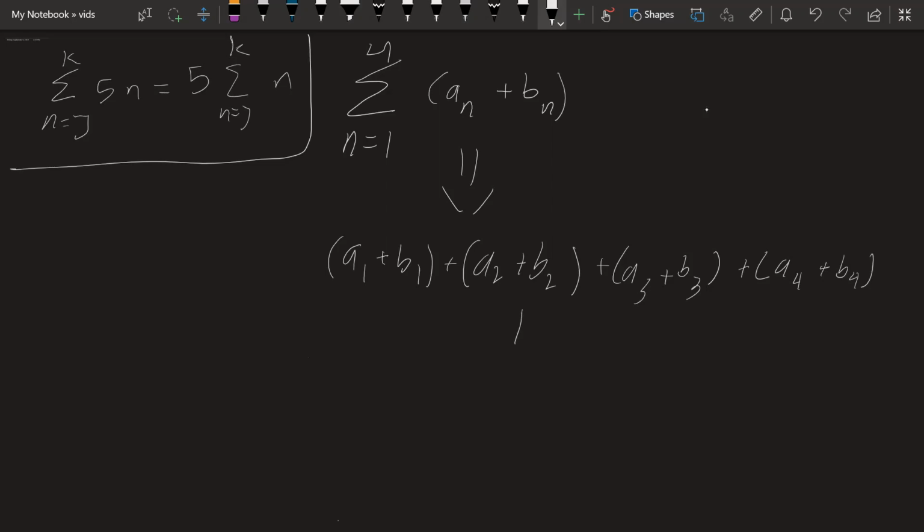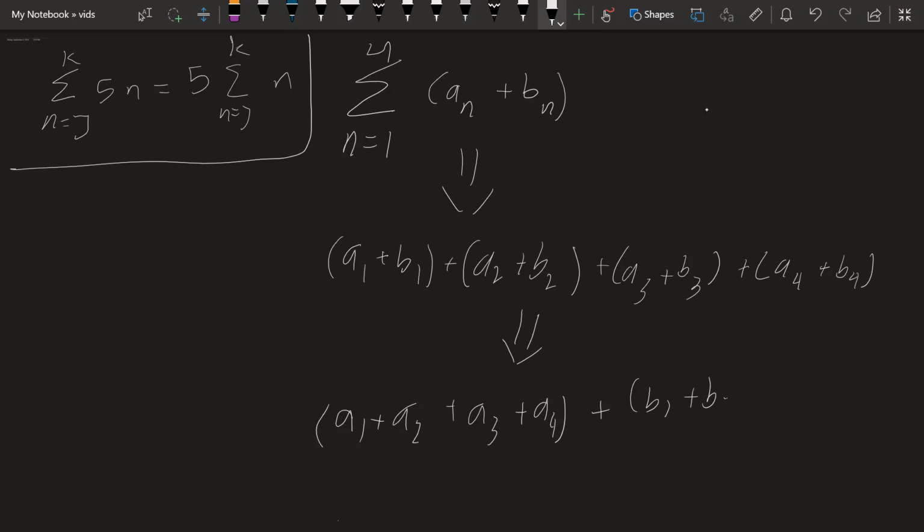Now let's rearrange this. Let's remove the parentheses and put a1 plus a2 plus a3 plus a4 in one parenthesis, plus b1 plus b2 plus b3 plus b4 in another. We can do that. It's a rearranging property.